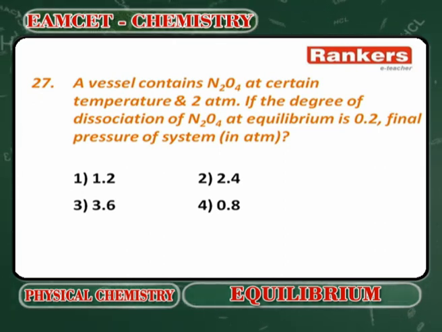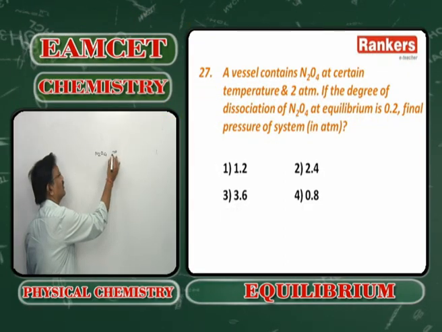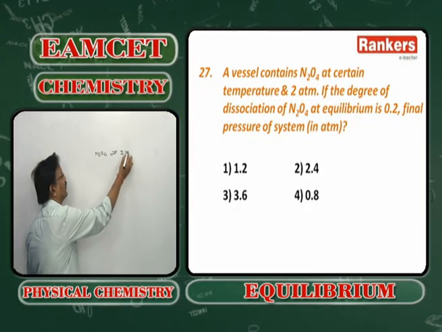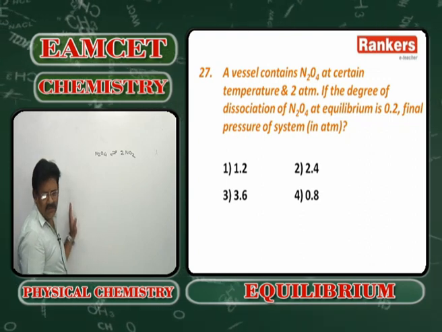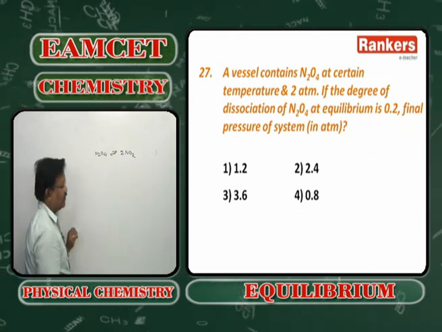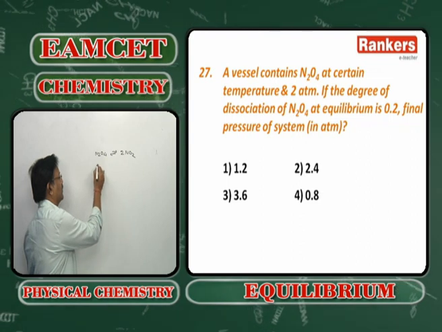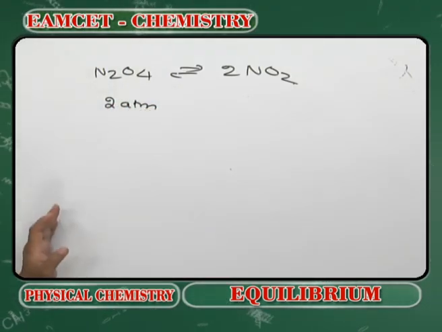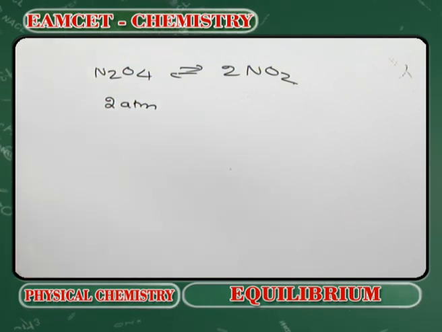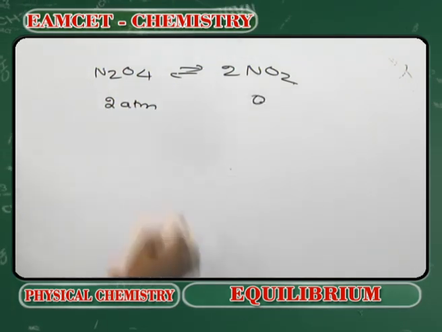N2O4 gives rise to 2NO2. Let the initial pressure be 2 atmospheres, and 0, 0.